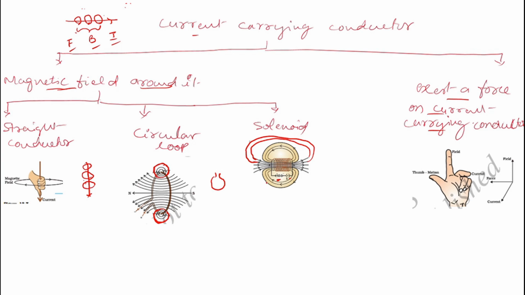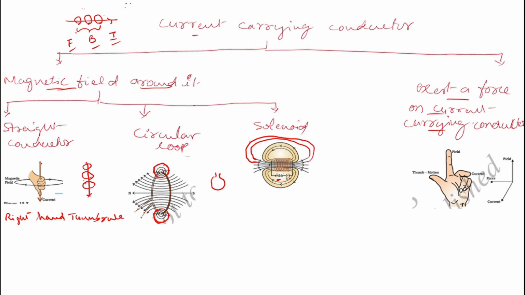The magnetic field around a straight conductor carrying current is given by the right hand thumb rule. So what is the right hand thumb rule telling?